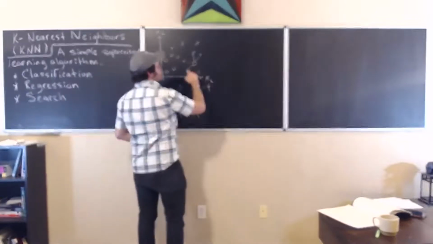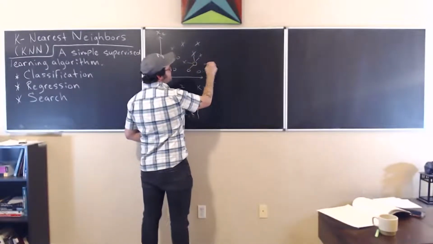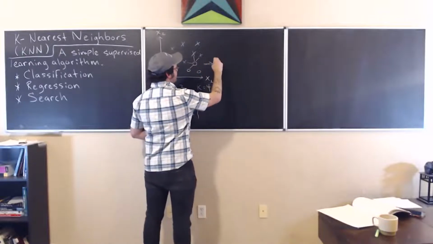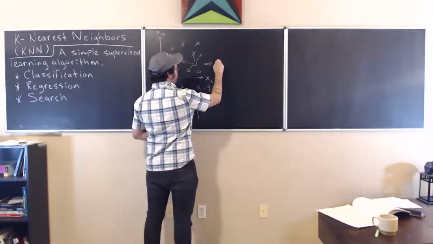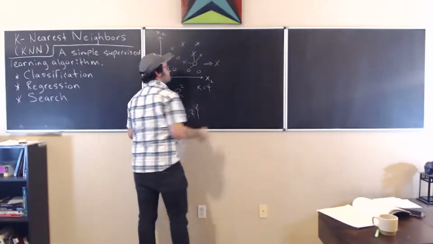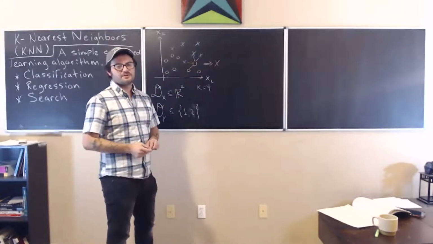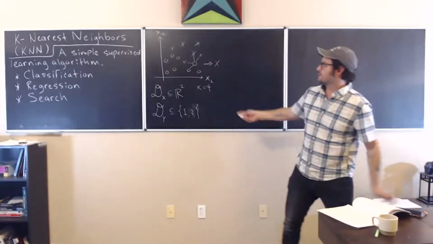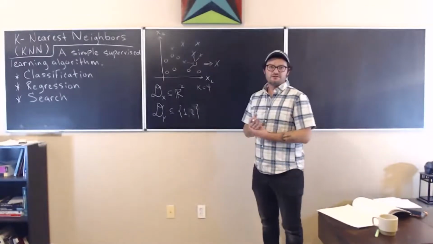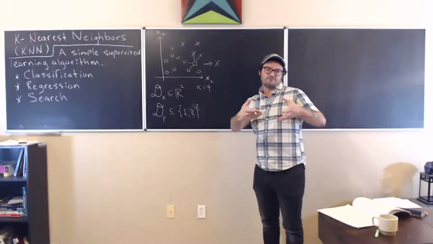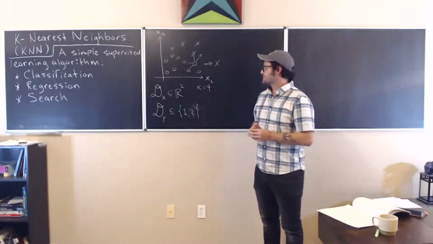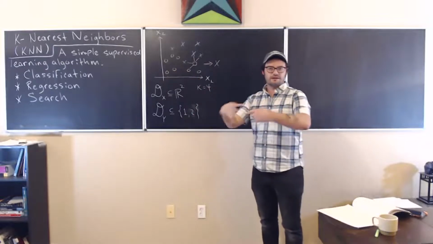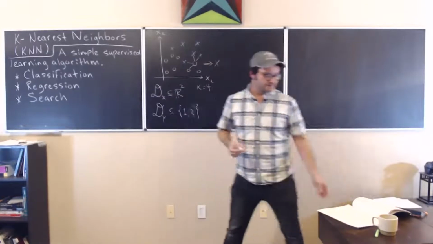With this observation, since x's dominate, we would predict that this is a type x point, because the k closest feature vectors to that feature vector are of type x. We assume that all the type x data points lie around each other, and all the type 0 or label 2 points hang out together. That's the general idea.